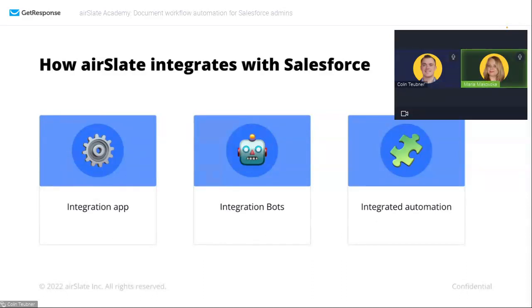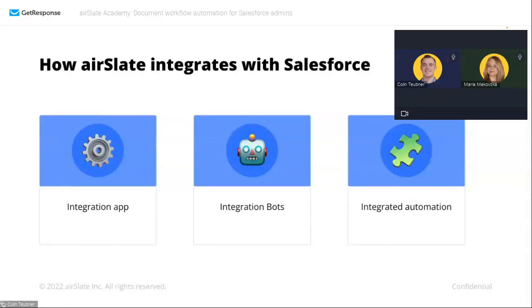we are getting closer to the demo, so I'll try to be as quick as possible. What we are going to see in the demo are the three key modules, the three components of our airSlate solution for document generation in Salesforce. We have an integration app that you can install on your Salesforce org from the App Exchange. And there is a free trial with it, by the way, so feel free to check it out.